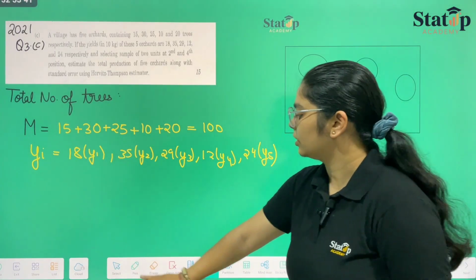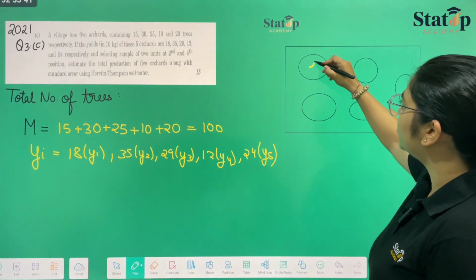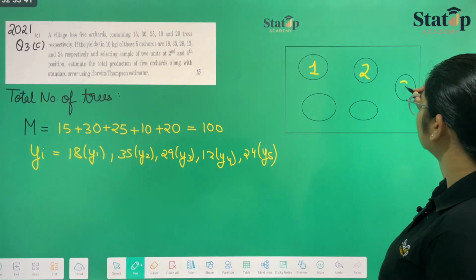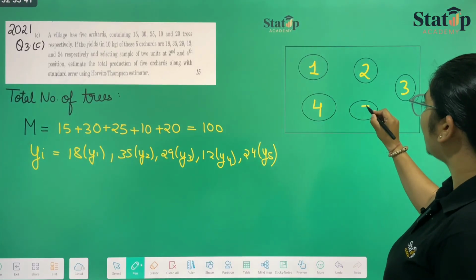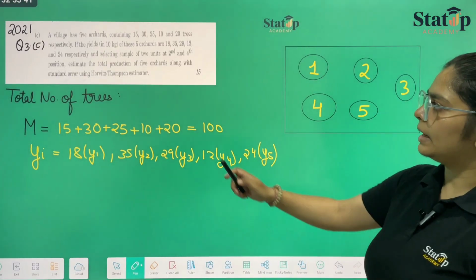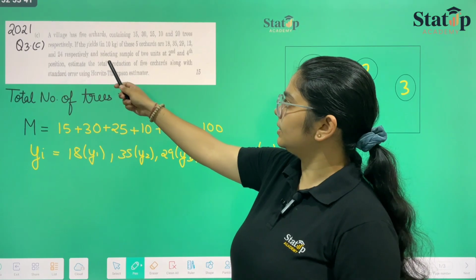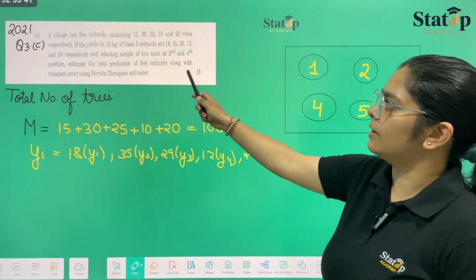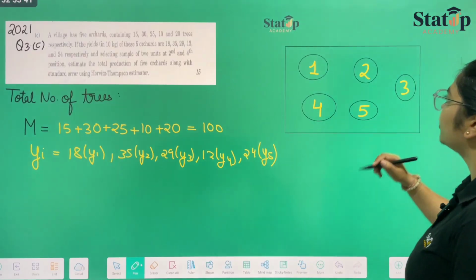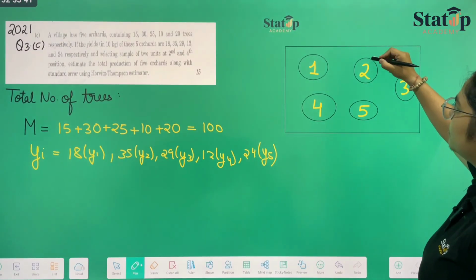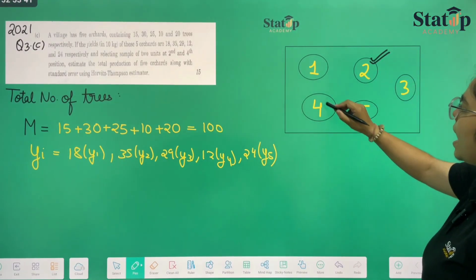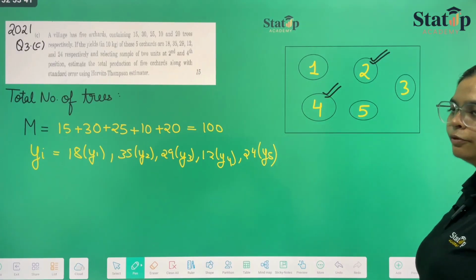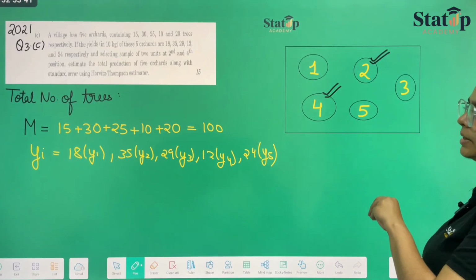The next line says selecting a sample of 2 units at second and fourth position. So we are selecting the second orchid and the fourth orchid. So these two are being selected.